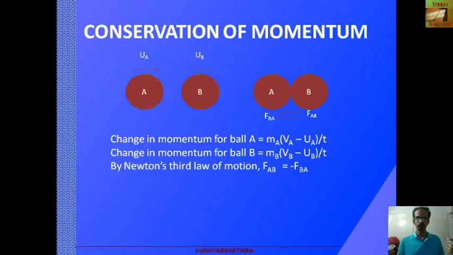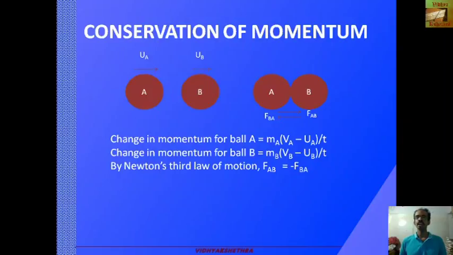Now, we have already seen that by Newton's third law of motion, in case of two bodies interacting with each other, that is, in the case of an action-reaction pair, the forces between them are equal and opposite.